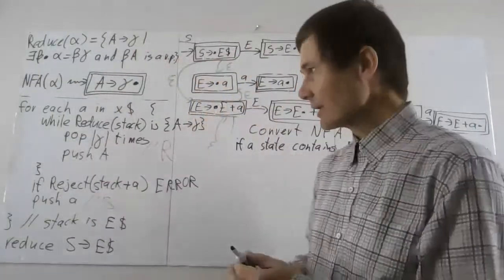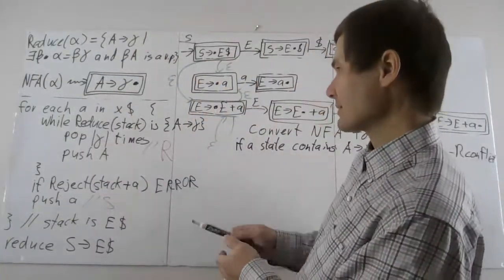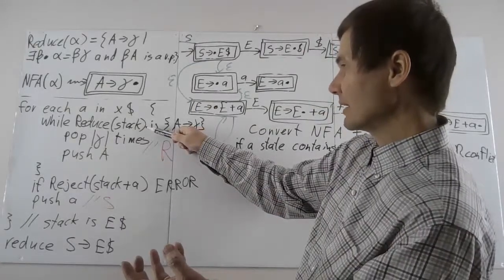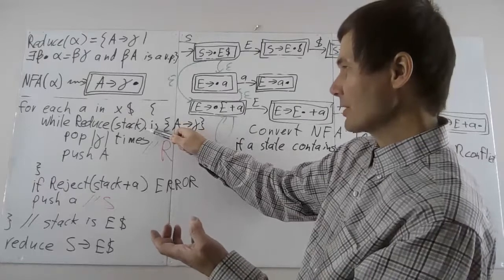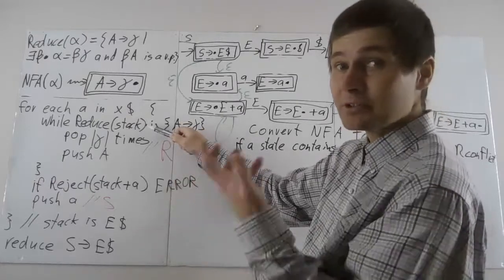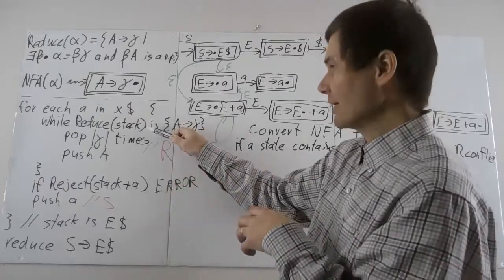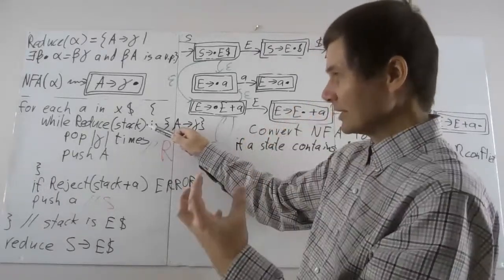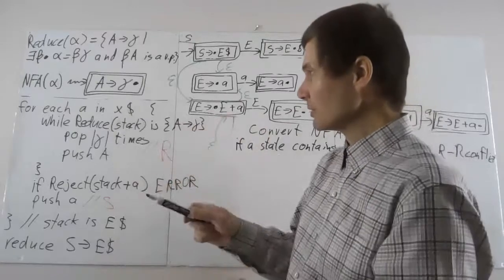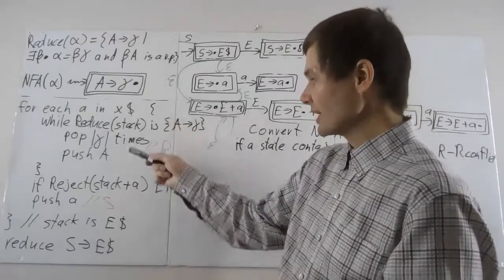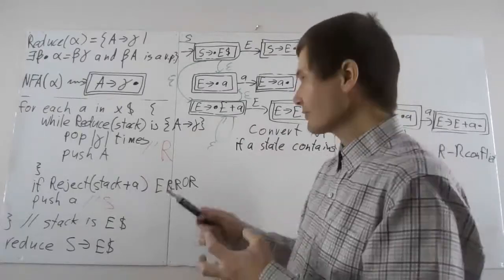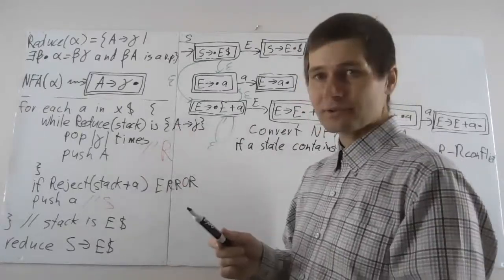Well, the other thing that can happen is here, I am trying to decide, should I reduce or should I not reduce, right? And so one problem is that, maybe reducing by multiple production rules still gives me a viable prefix. But, what if the right thing is to not reduce, right?